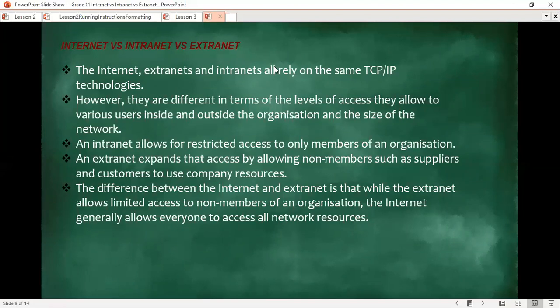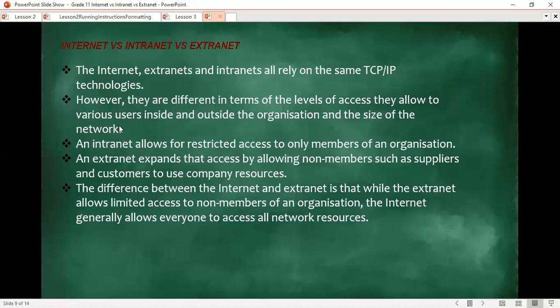Some are limited, and the internet is not limited. The extranet allows everyone to use it, but it has limits. The intranet can only be used by the members of that organization only. However, there are differences in terms of the levels of access they allow to various users inside and outside the organization, and the sizes of the network.